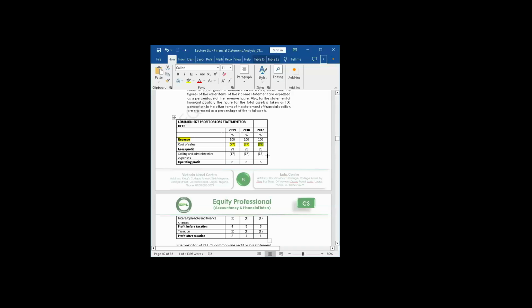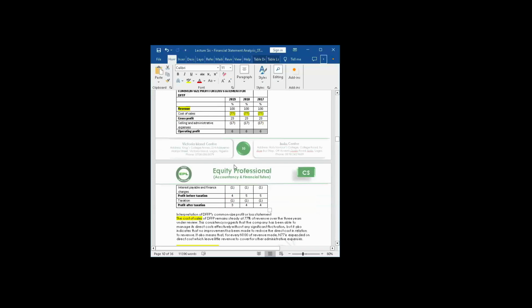Out of the 23 naira left, 17 naira goes to selling and administrative expenses, leaving just 6 naira to cover interest and taxation, you can see.